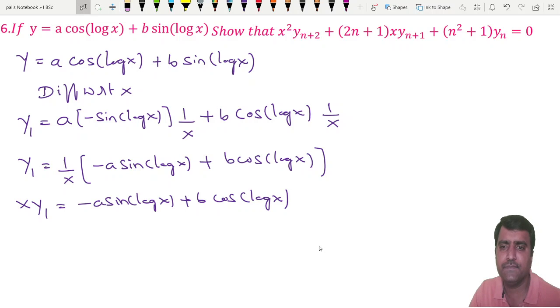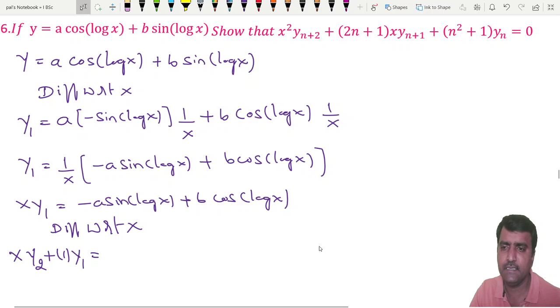Again I differentiate this function with respect to x. Differentiating x y1 gives x into y2 plus differentiation of x, which is 1, into y1.